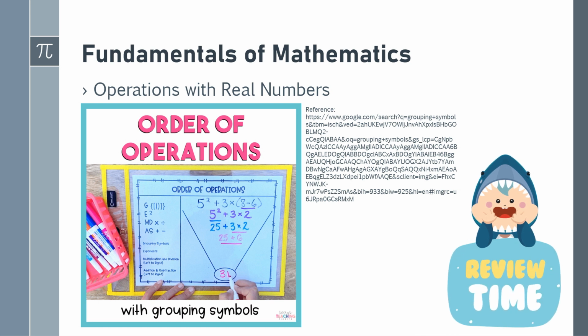So mapapansin natin in our picture, we have to eliminate first the grouping symbols before going to the exponent, simplifying the exponent, then as well as the multiplication and division coming from left to right, and also the addition and subtraction. So the last operation that we're going to apply in simplifying operations with real numbers is probably either addition or subtraction.